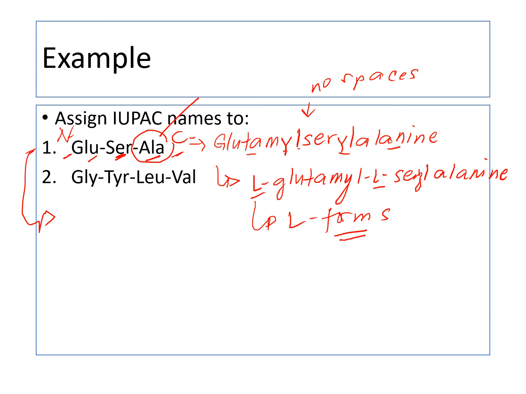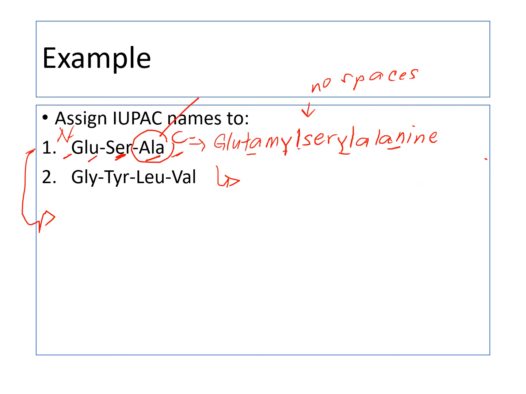Since that is already given, sometimes we just omit the L indication in the name of the peptide. So don't be shocked if we just require you to write the term without the L. They don't put the L because it is given that most amino acids are in their L form. So all you have to do is just write glutamyl seryl alanine. No need to put the L somewhere in the name.